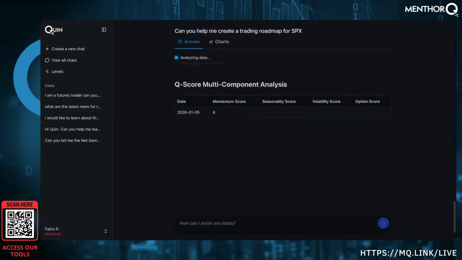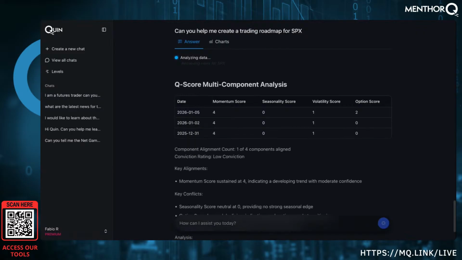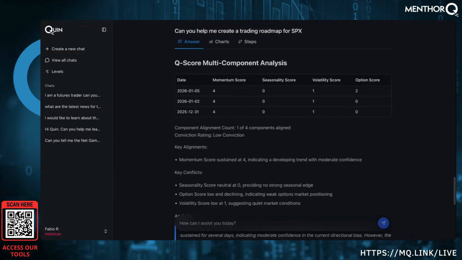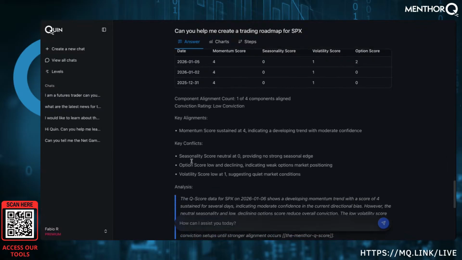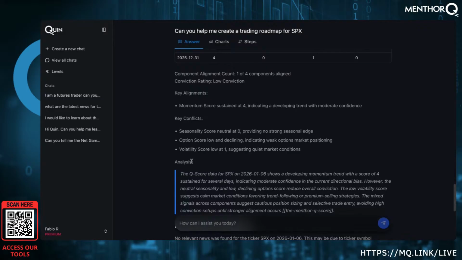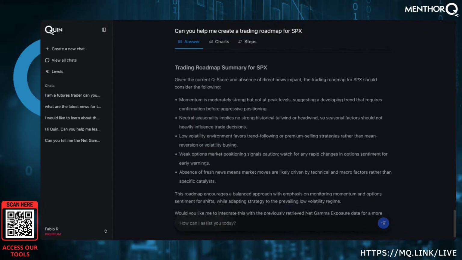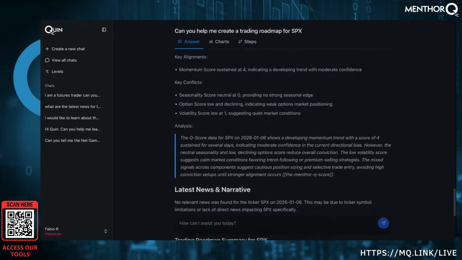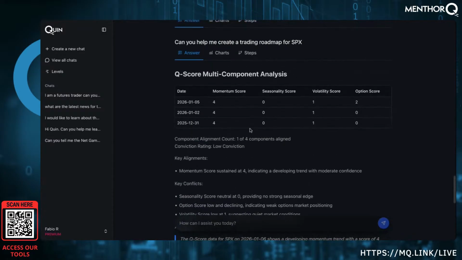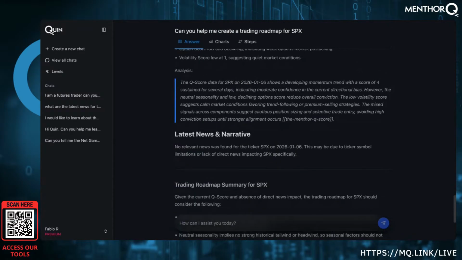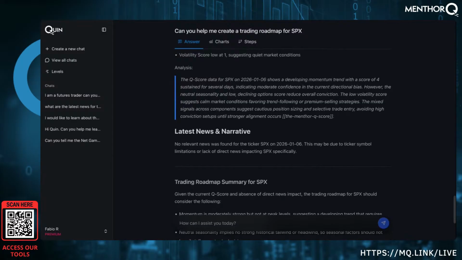What Quinn is going to become in the next few months is a tool that will prepare you, give you access to backtesting results, and show what's changing and what's driving the market. So stay tuned. There's always going to be new improvements here. As you can see, you can ask for the roadmap, look at the Q score, look at the different models, and keep chatting. You can ask Quinn to explain certain topics and so on.